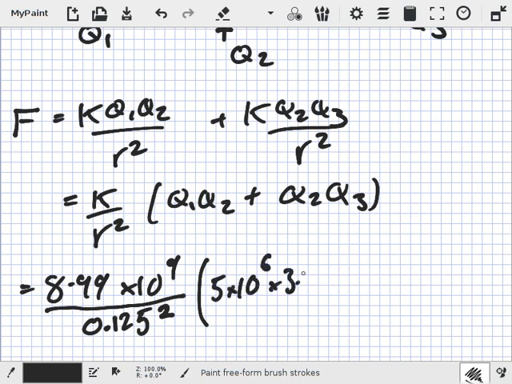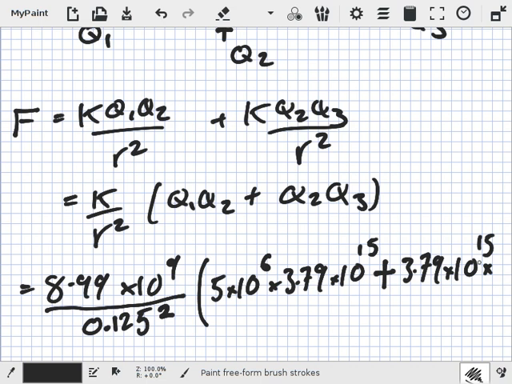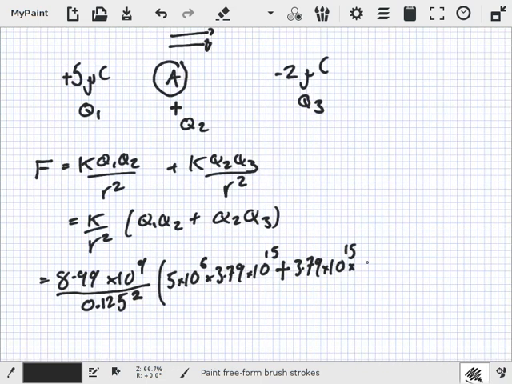Q2 is 3.79 times 10 to the -15, plus, and then Q2 is 3.79 times 10 to the -15 times Q3, which is 2 times 10 to the -6. Oh sorry, that should be -6 there. Alright, so just here these are multiplied, then it's plus, and then these are multiplied.